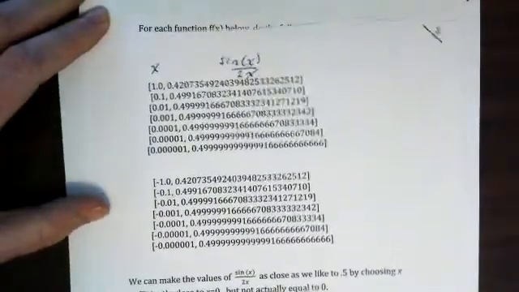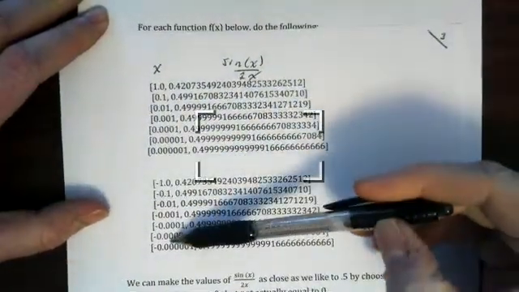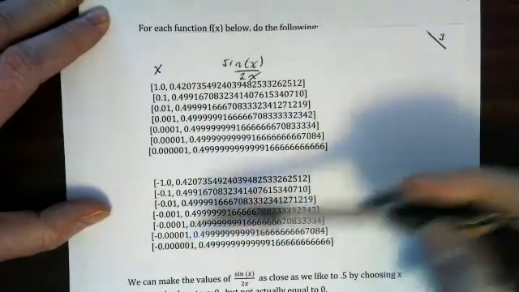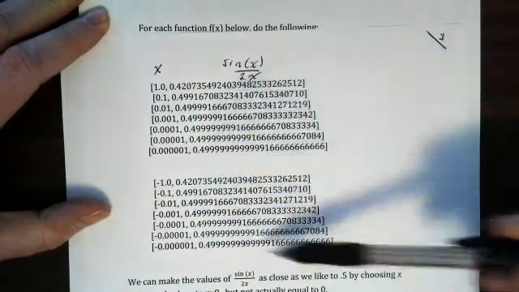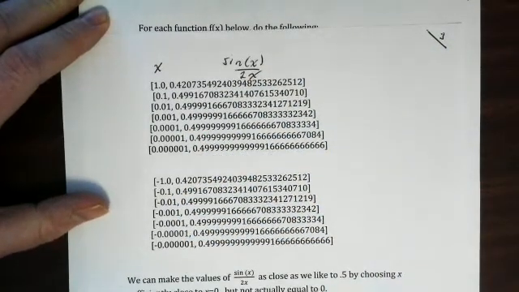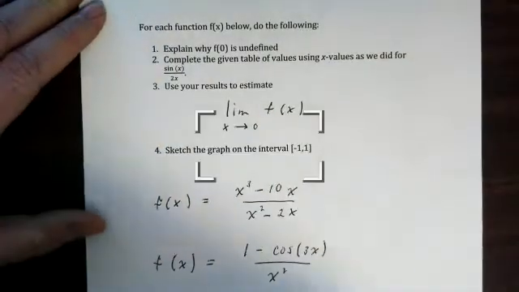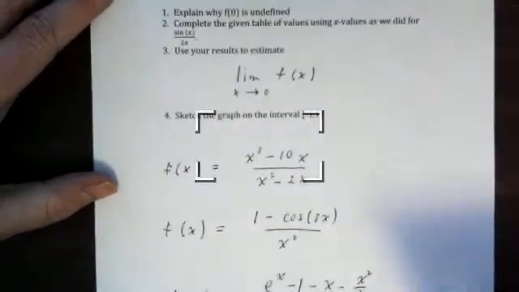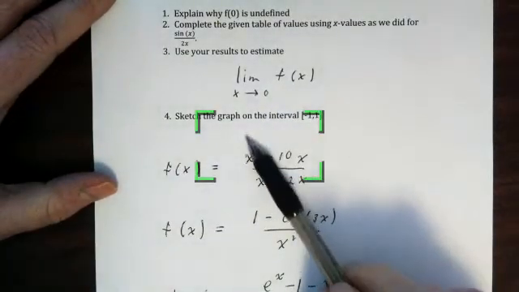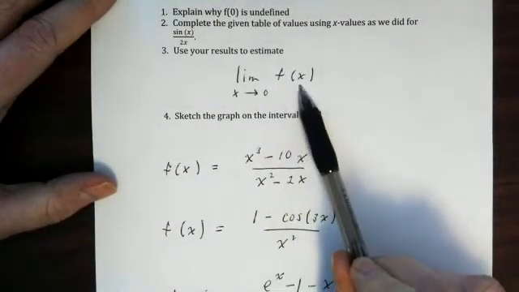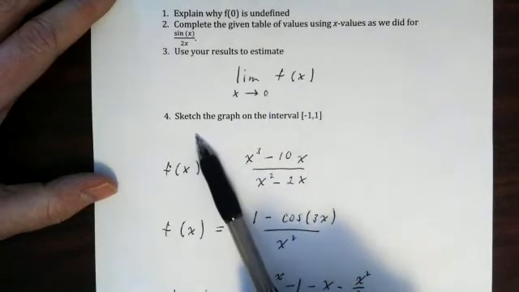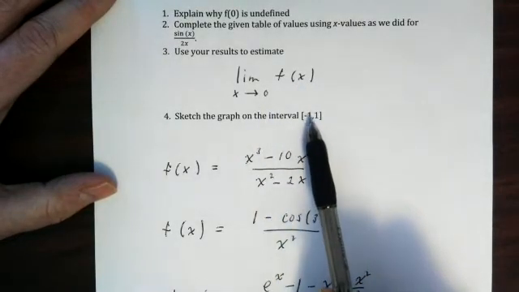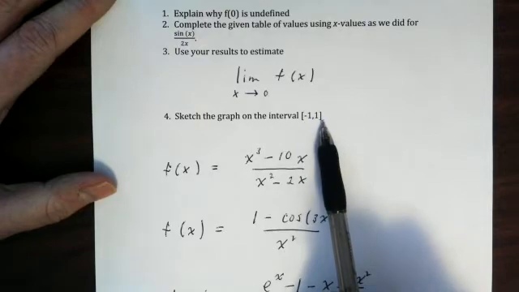So again, you'll make a table of values like you did here. Use the same values of x, but of course the outputs will be different because you'll be looking at different functions. This can be a little bit tedious, but if you use a calculator, it actually won't take that long. Then use your results to estimate the limit as x approaches 0 of f of x, and then sketch the graph of the function on the interval from -1 to 1.